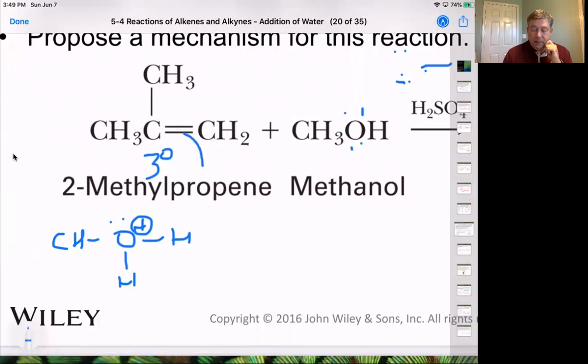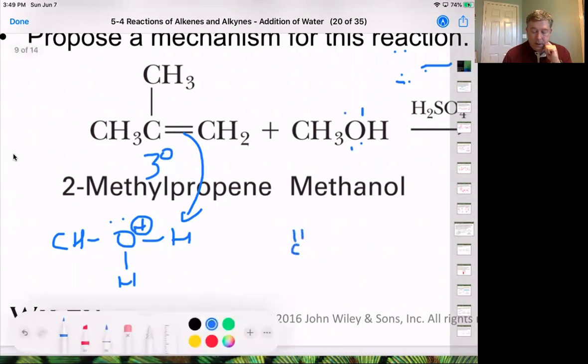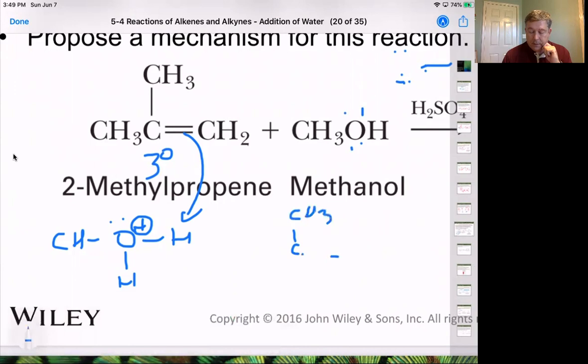Then we can have these electrons reach out and grab that hydrogen, and that would generate our tertiary carbocation, CH3, CH3, CH3, and a cation here. So now our cation is our Lewis base, and because the proton came off, we have methanol again.